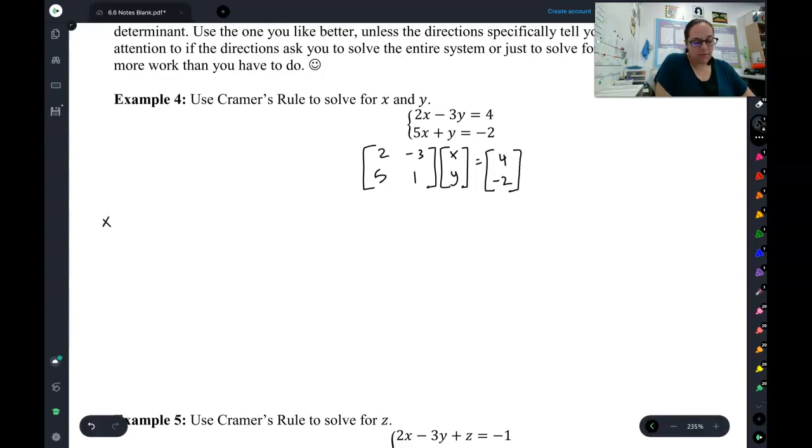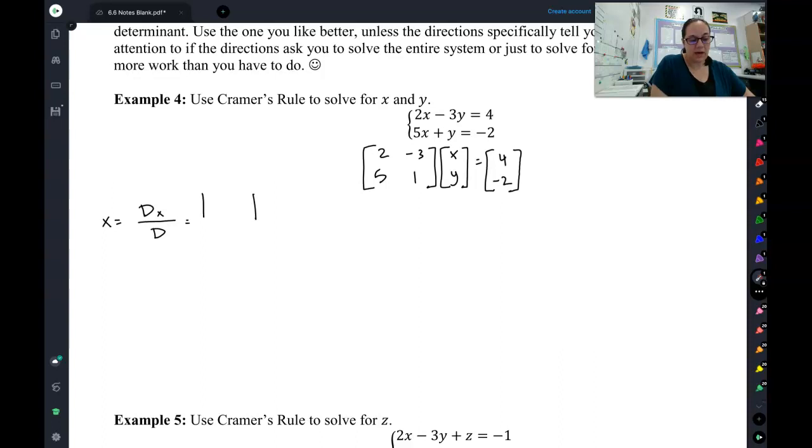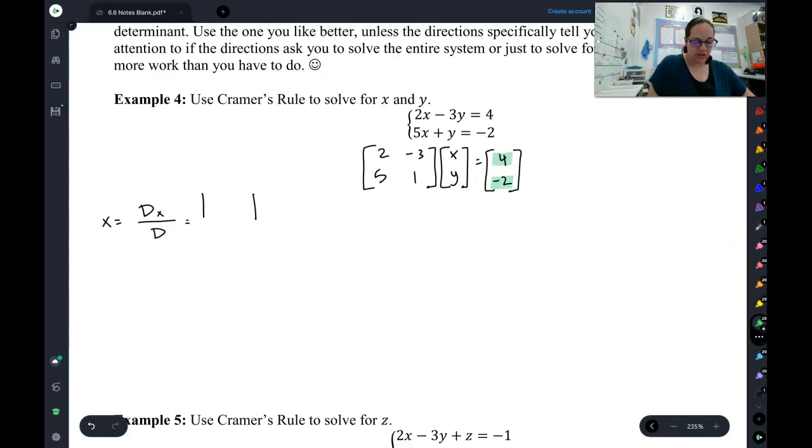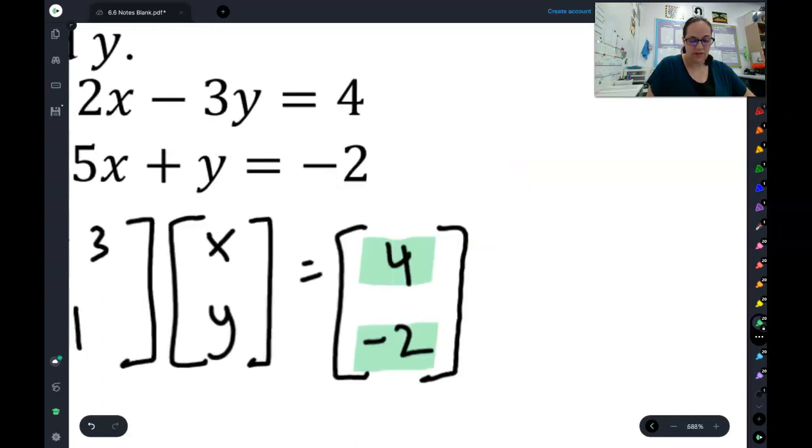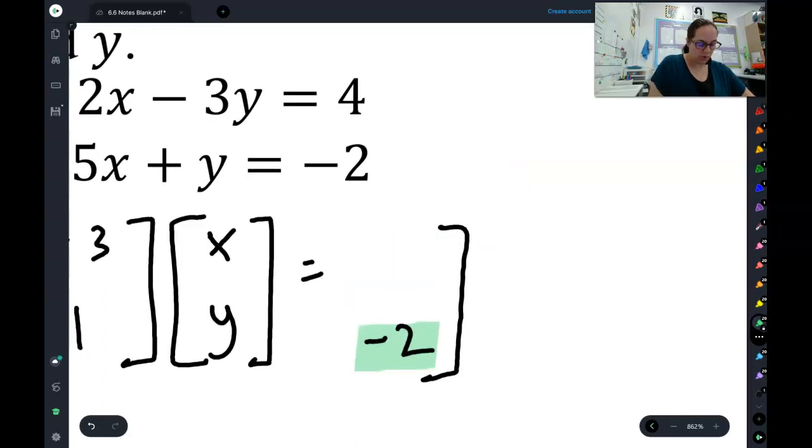So if I want to solve for x, I'm going to do the special x determinant where I take my coefficient matrix, except because I'm solving for x, I'm going to replace the x column with the constant matrix. Let's color code them.